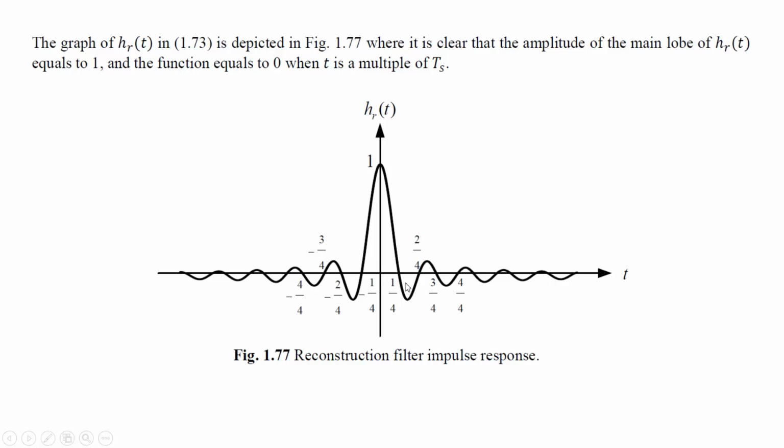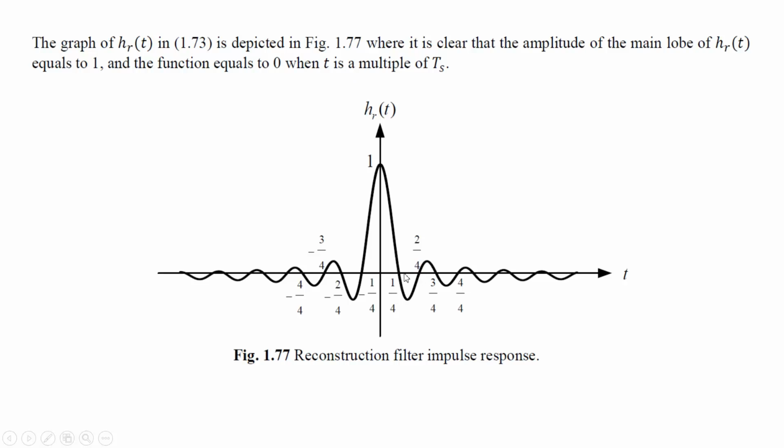Now this is the graphical representation of the reconstruction filter in the time domain, which is basically a sinc function. The graph of hr(t) is depicted in this figure, where it is clear that the amplitude of the main lobe of hr(t) is equal to 1 and the function equals 0 when t is a multiple of Ts.